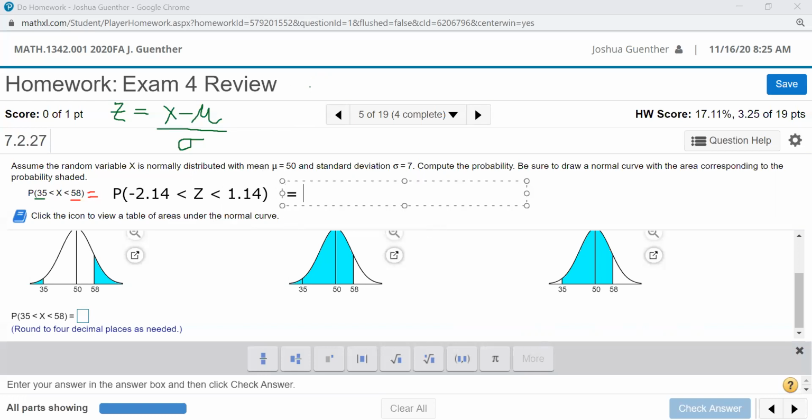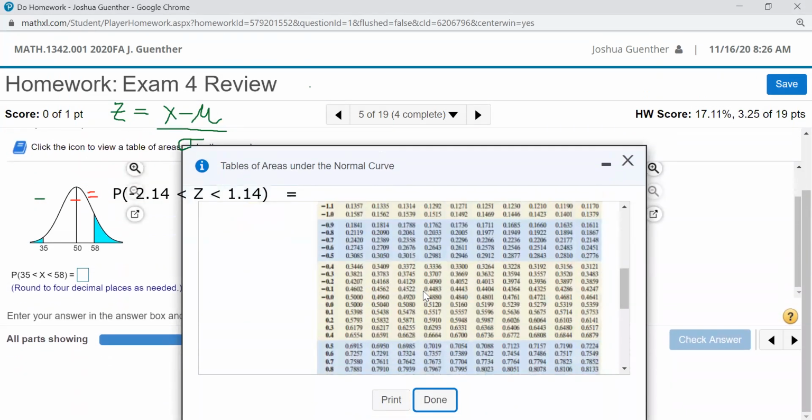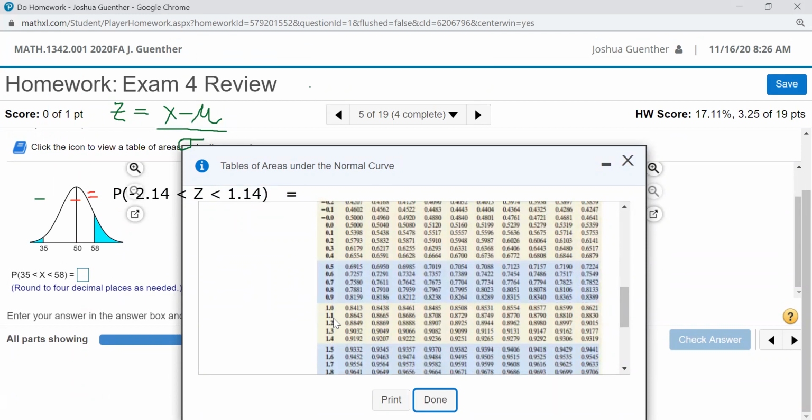So this is going to be equal to, we're going to open up a z-chart, and we need to look up 1.14 on the z-chart, positive. And it's going to be along this row here, the 1.1 row.